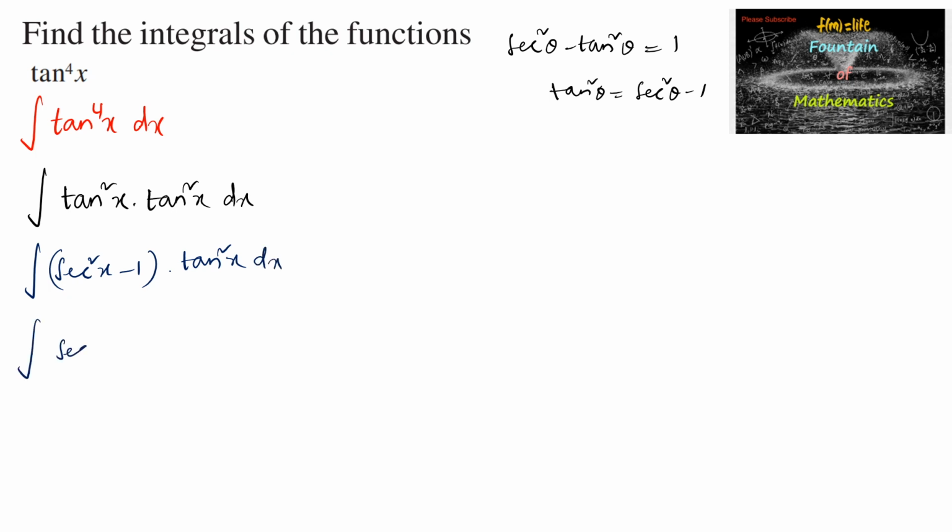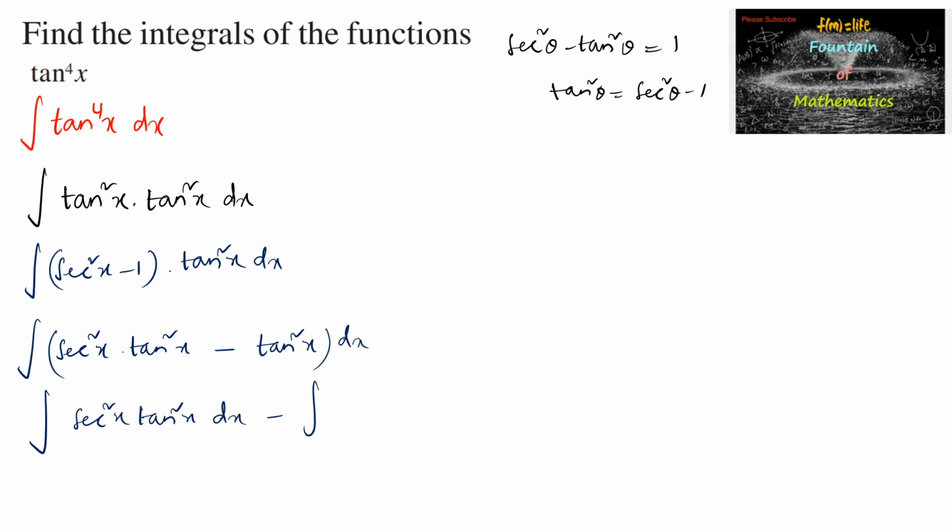Further simplifying, secant square x into tan square x minus tan square x dx. So we can write integral secant square x into tan square x dx minus integral tan square x dx.